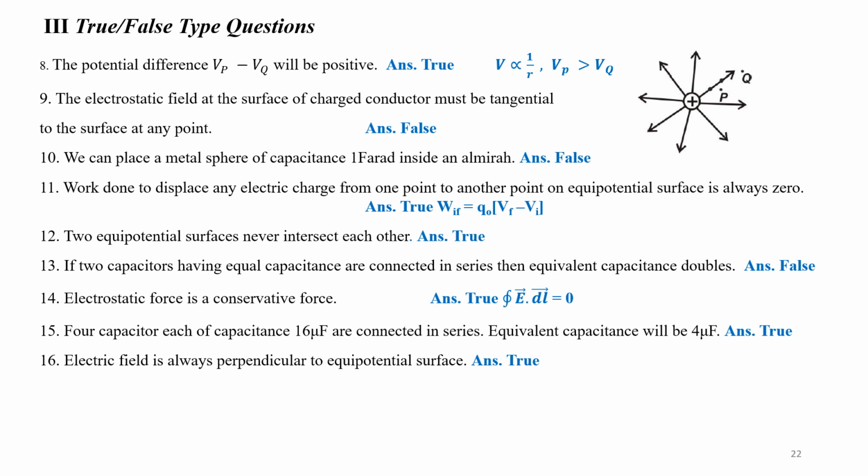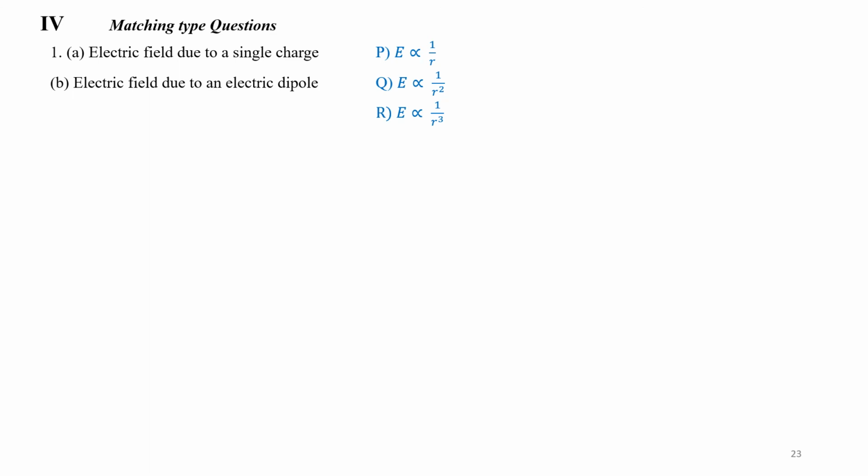Question number 16. Electric field is always perpendicular to an equipotential surface. True. Question number 17. Electric field intensity outside a parallel plate capacitor is 0. Matching type questions. Here two statements will be given on the left side. We have to match them with the 3 choices on the right hand side. Let us see the question. A: electric field due to a single charge is proportional to 1 by R square.